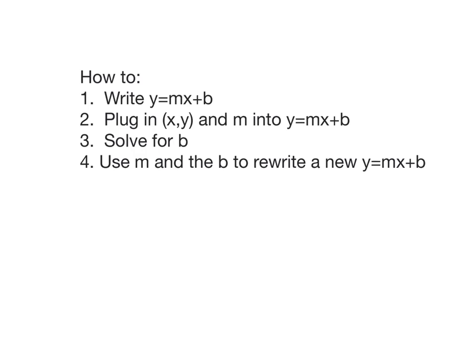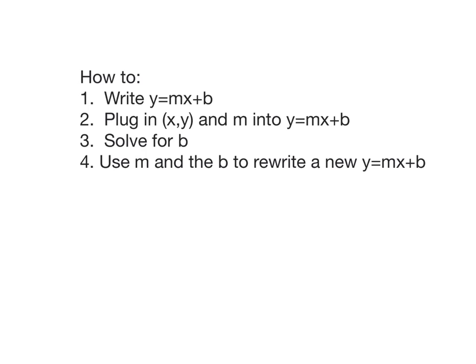So these are the steps that we're going to use for the following examples. The first thing you're going to do is write y equals mx plus b. The second thing is to plug in your x, your y, and your m into y equals mx plus b.